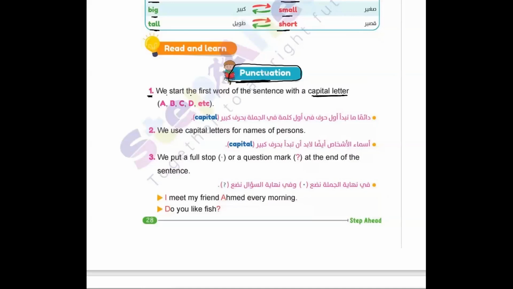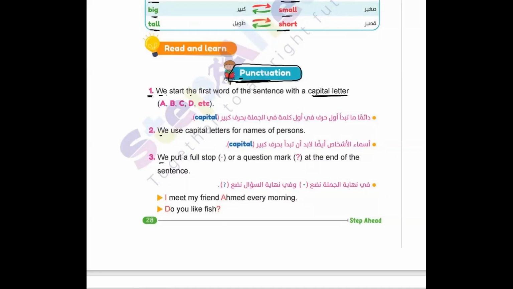Can you see here? This is number one. It starts with We. The first letter is capital. Number two, the first letter is capital. Number three, the first letter is capital. In anything, including writing, you will find the first letter capital. Okay. Number two, we use capital letters for names of persons.